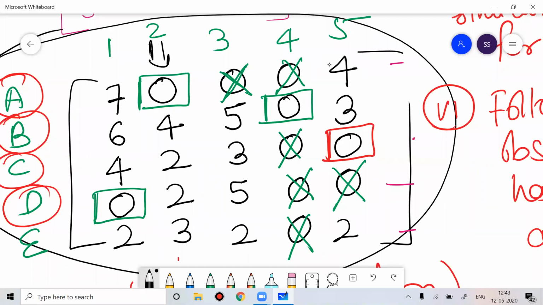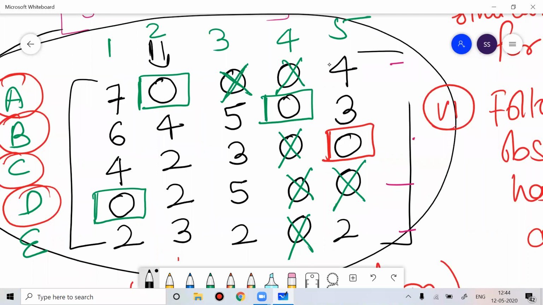First you see row wise those rows which have 2 zeros, one allocated, one cancelled. Then you'll see column wise which has 2 zeros, one cancelled, one available. Then keep observing like this, row wise and column wise.